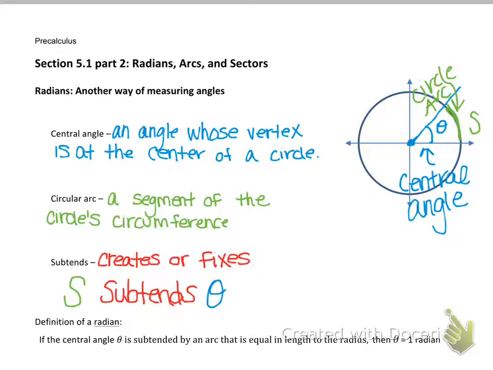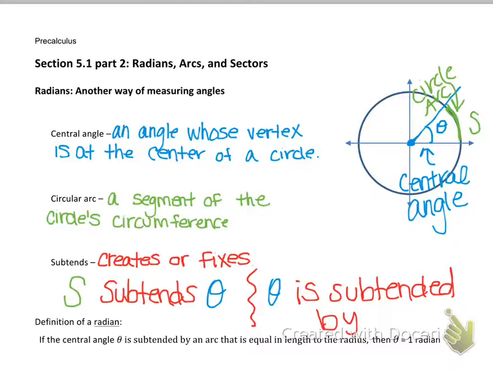Or we could also say that theta is subtended by our circle arc S. So basically we're saying that a circle arc creates our angle. So if we have an arc on a circle and we take that piece and make a central angle from it, because it made it from the circle arc, we say that the circle arc subtends our theta, our central angle.